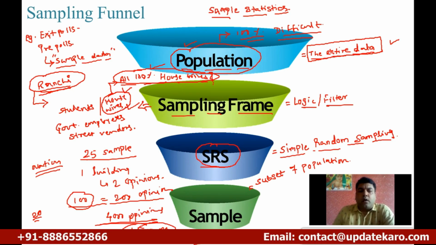Of this sampling frame, that is housewives only, from those 14 lakh housewives, we have been able to collect the opinions of 4,000 housewives using the simple random technique. And these 4,000 opinions are nothing but my samples.